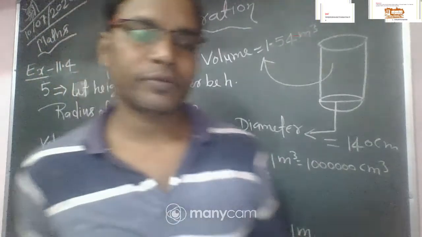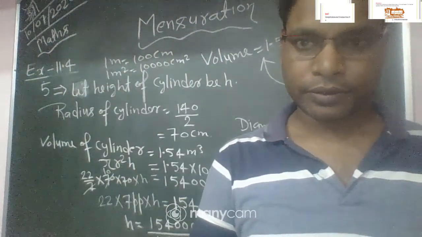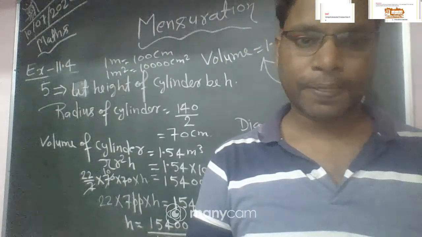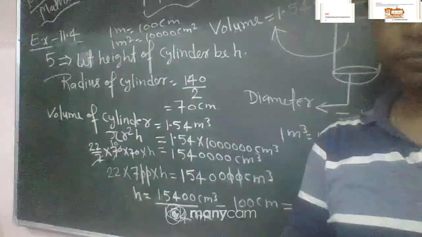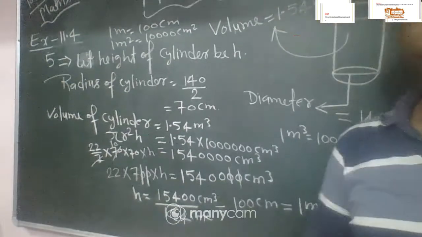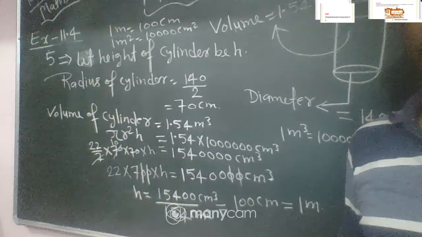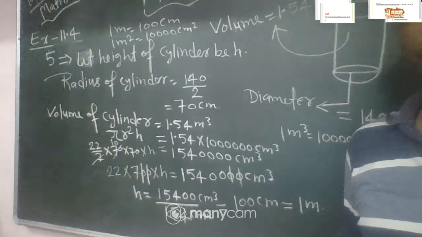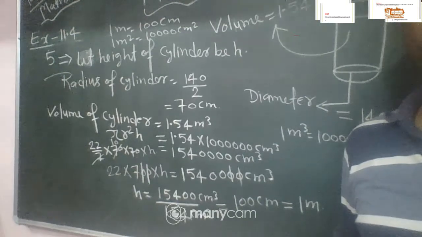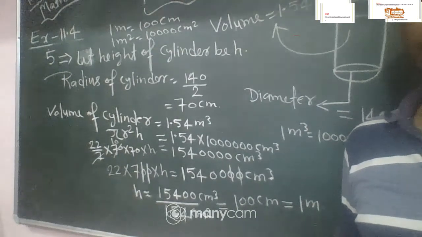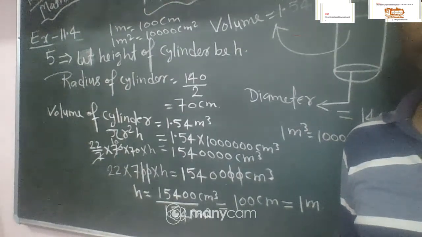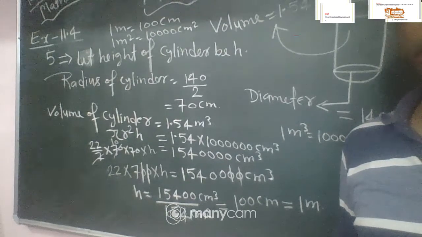So now you can see the next question. So this is your whole solution of question number 5. You find the height of cylinder is 1 meter or 100 centimeters. In this question, you are given volume of cylinder and diameter of base of cylinder.